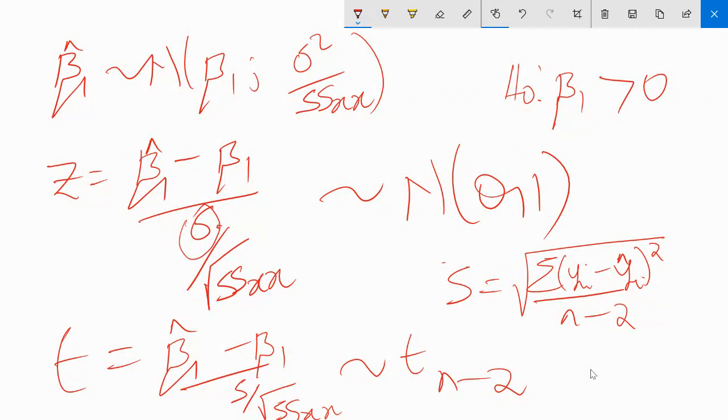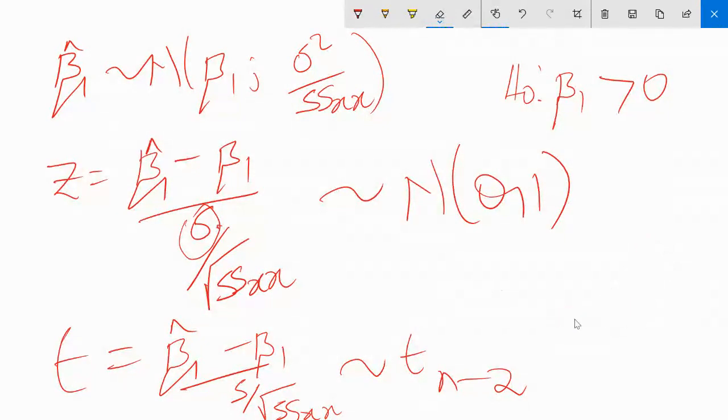We can also calculate the confidence interval, because as I've indicated, the confidence interval is the point estimate plus or minus the critical value multiplied by the standard error.